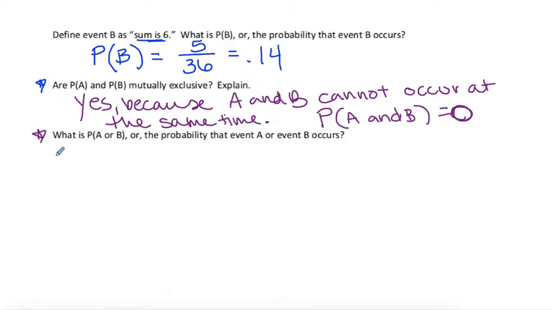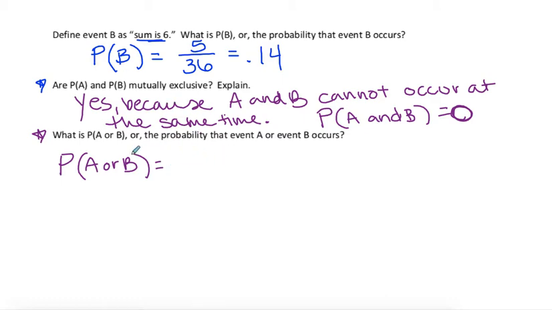And the last part for this one, it says, what's the probability of A or B, or the probability that event A or event B occurs? Now if I was thinking about probability of A or probability of B, this would lead up to a rule.